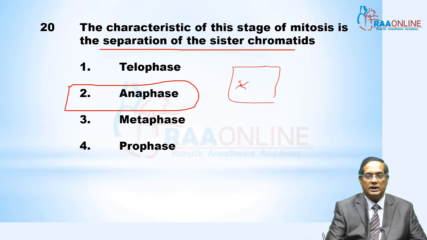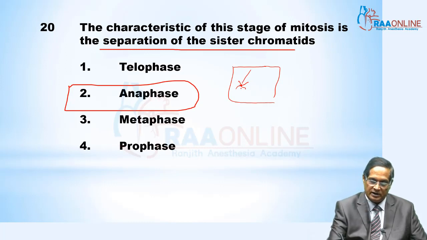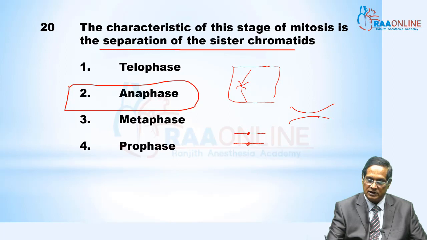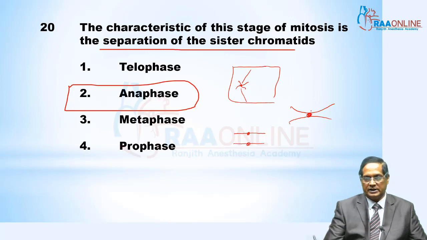They are held together by means of the centromere, and they are in the equatorial region. In anaphase stage, there is a division of the centromere. So these two chromatids which are joined together by the centromere get separated.